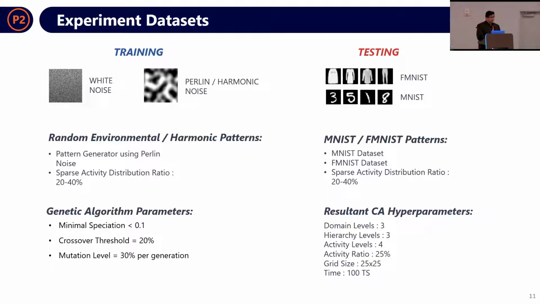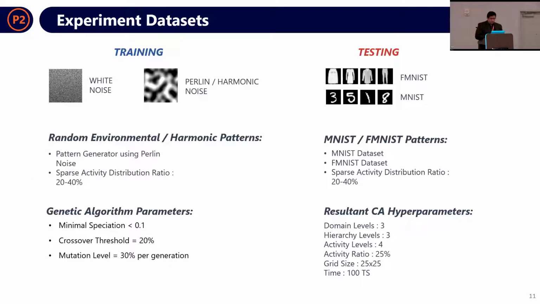And we've generated a bunch of patterns, and we divide them into classes, and then we generate multiple variants of each of those patterns. And we basically create a large data set. It's a completely random data set of patterns. And then we train the cellular automata to basically learn those patterns. And it never sees the target data sets, which in this case are the MNIST and FMNIST data set.